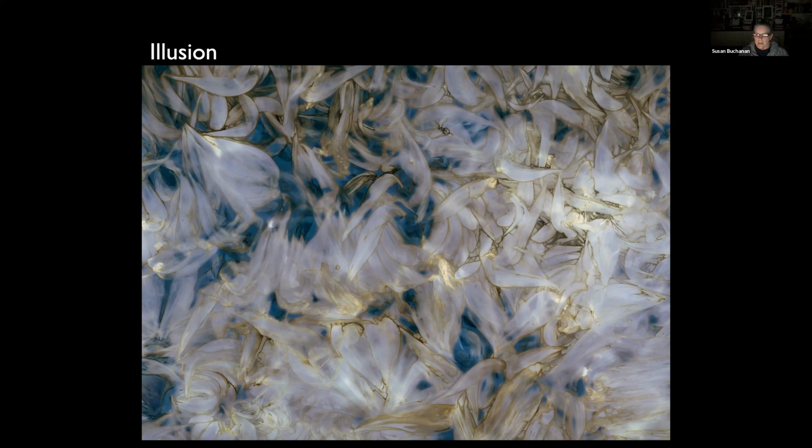Some others, for example, are scale, context, humor, tone, light, luminosity. So don't feel like you have to come up with an illusion or an abstraction. If you find something that is a beautiful illustration of luminosity, go with that. And we'll see how we go.